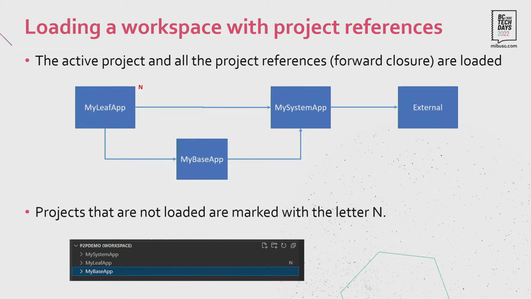And there is also an external app here, which is not a project reference. What happens if I load MyBase app? That will first load MySystem app, then it will load MyBase app, and then myleaf app will not get loaded. That will stay unloaded, and it's marked with a letter N as not loaded.